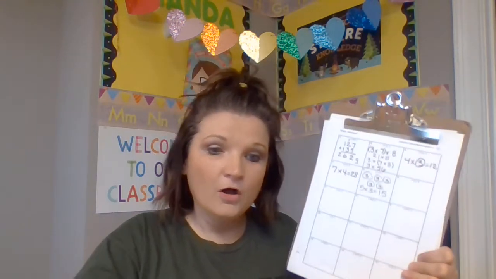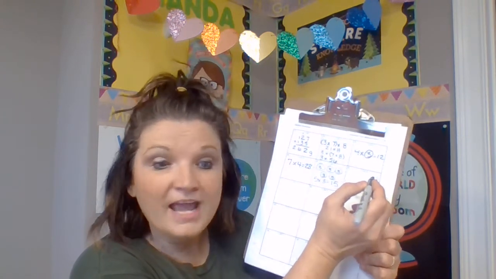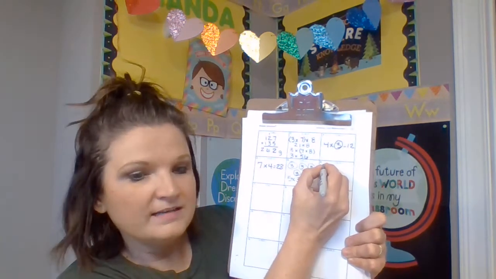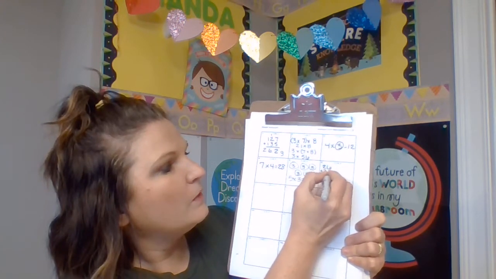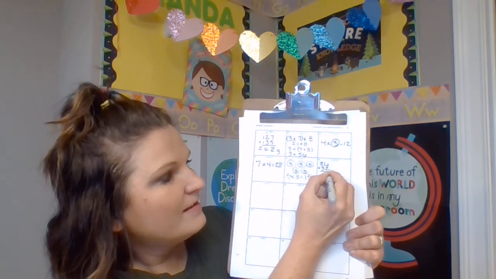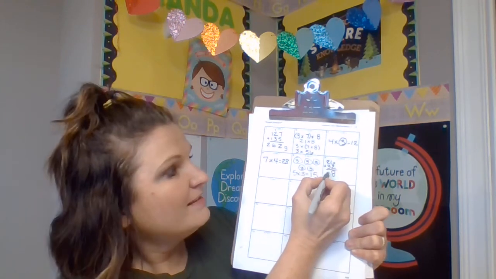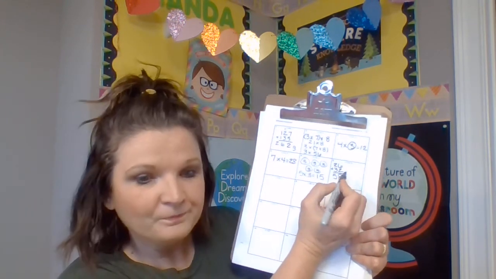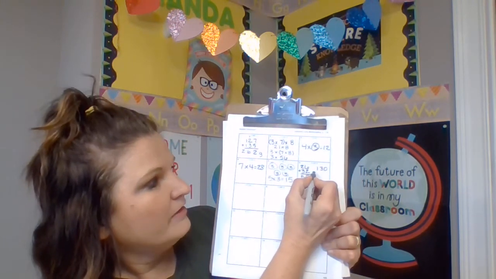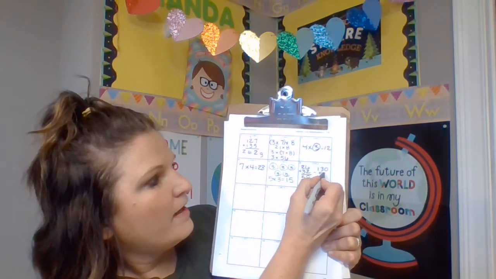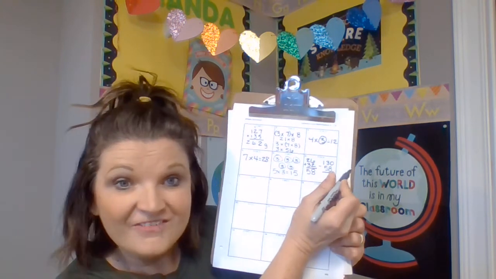Okay, so first of all, we need to find out how much time she spent playing the piano and soccer. So we're going to take 26 plus 32. 6 plus 2 is 8, and 2 plus 3 is 5. Well, she was in school for 130 hours. We want to know how many more that was, minus the 58.